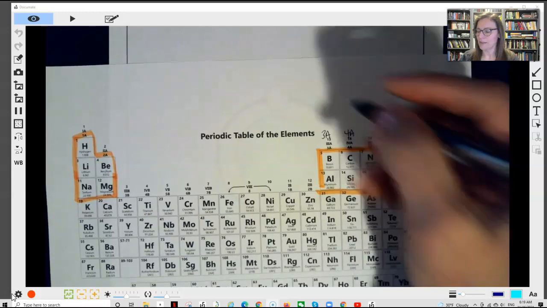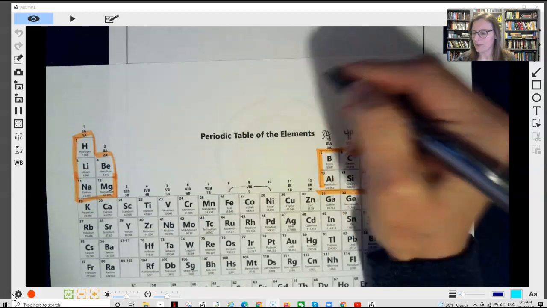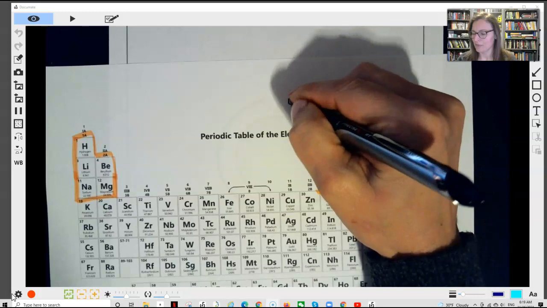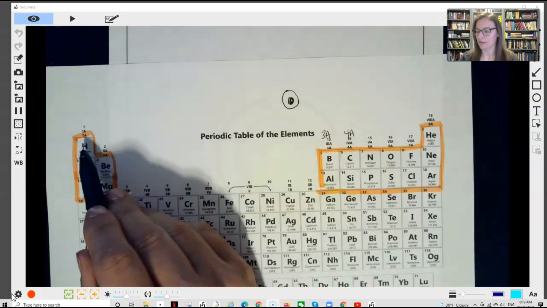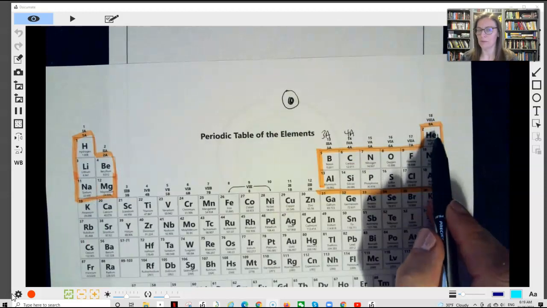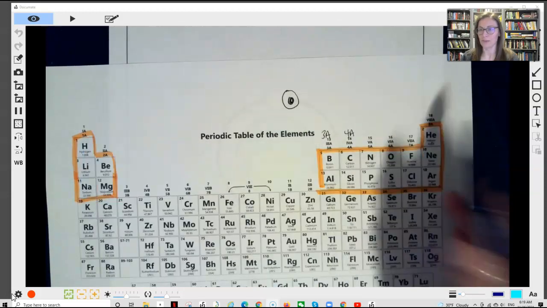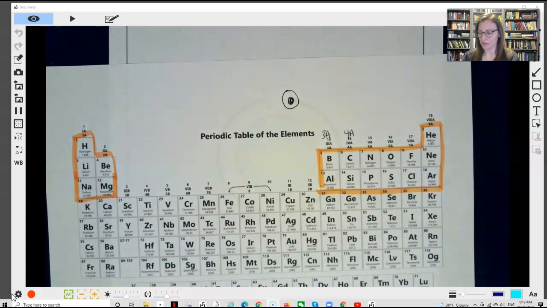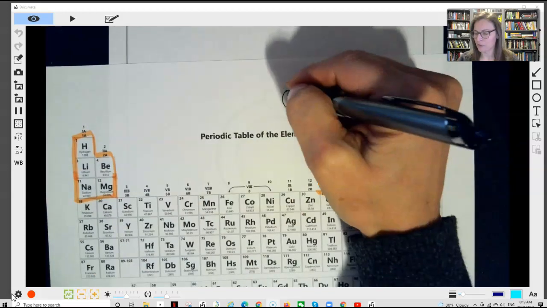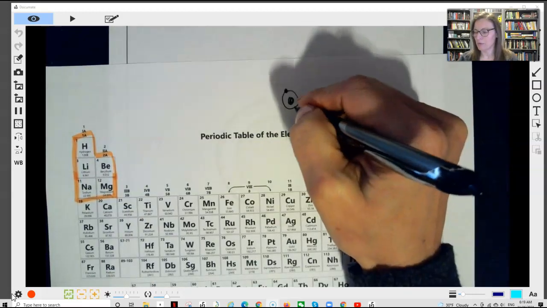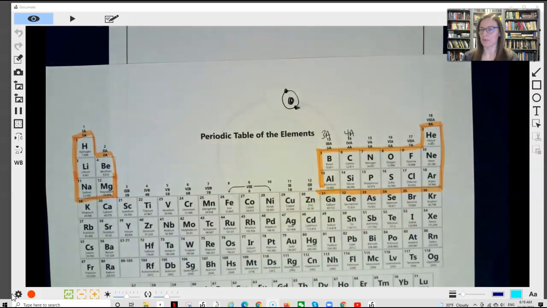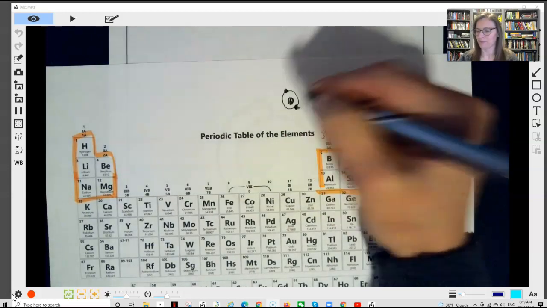So this kind of makes sense also why we see any atoms, if this is the nucleus, with the first energy level, right? It can only hold 2 electrons. And look at it, there's only 2 atoms in the first period, right? So hydrogen would have 1 electron out there, helium would have 2, and its outer energy level would be full.